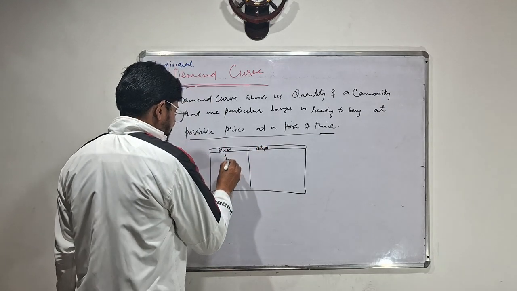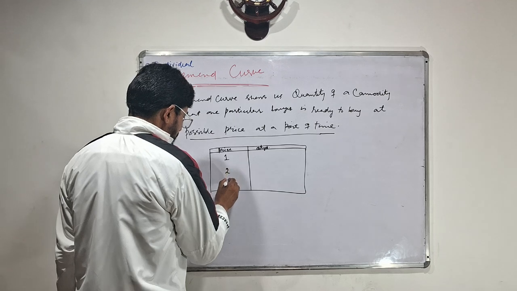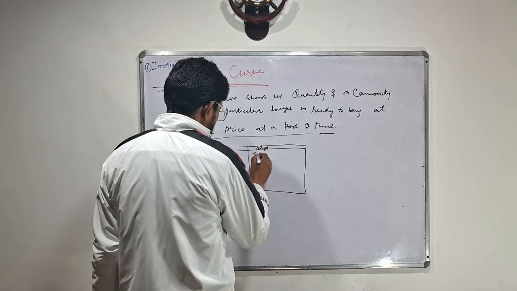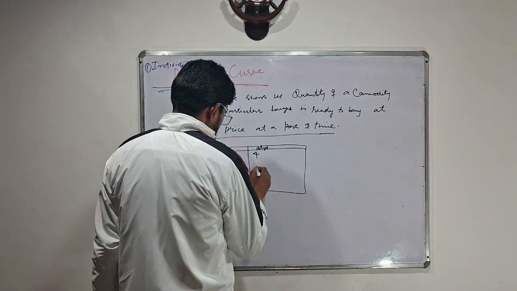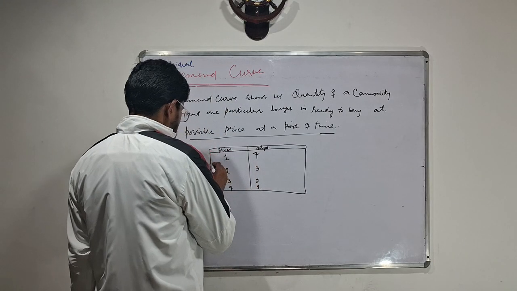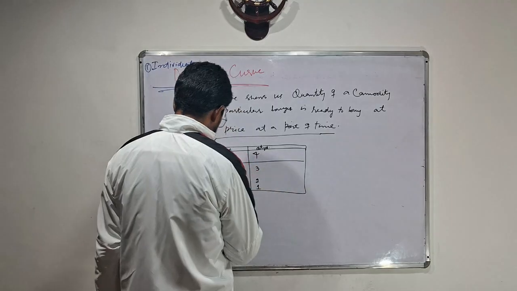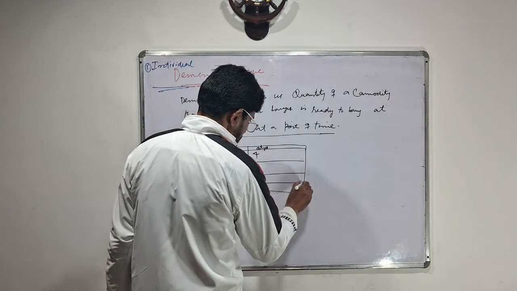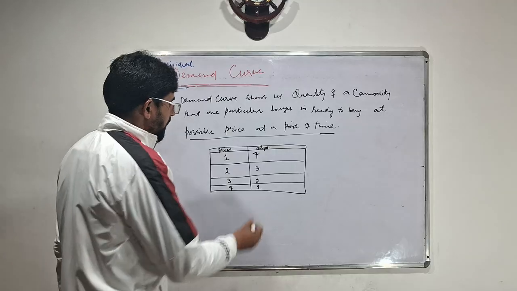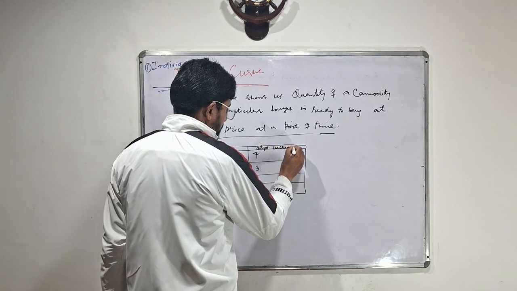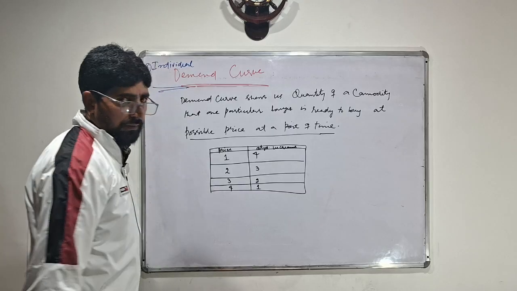Here price will be 1, 2, 3, 4. Here I will write 4, 3, 2, 1. This is the demand schedule for quantity demanded of ice cream. What we call the individual demand curve.